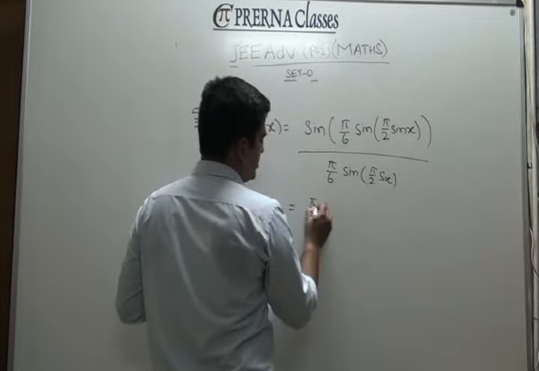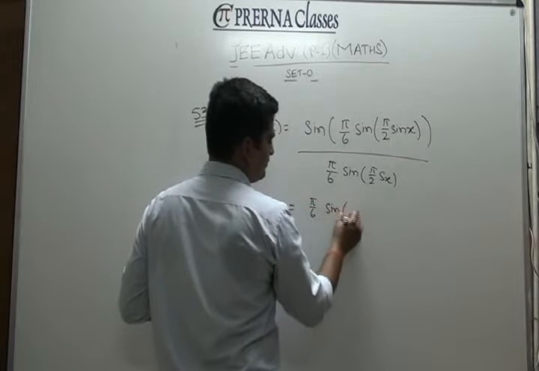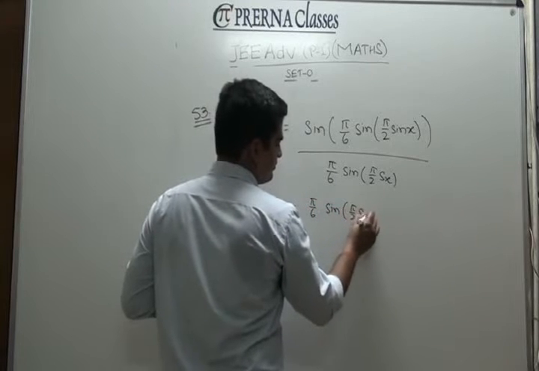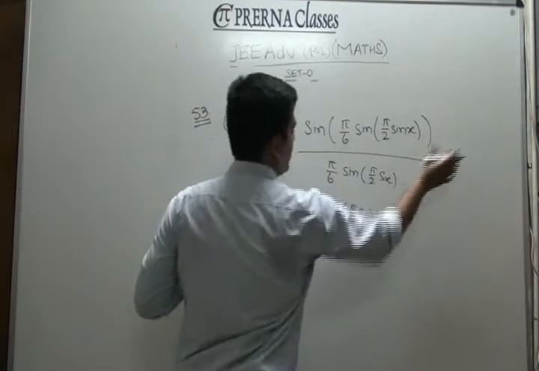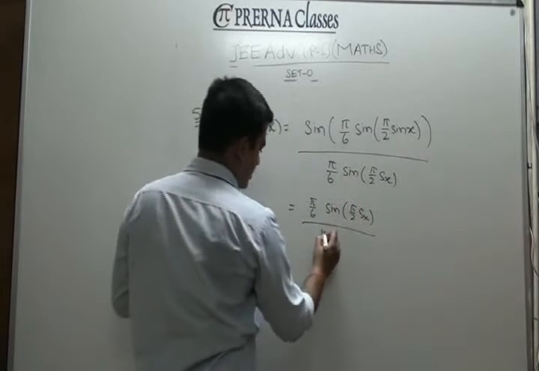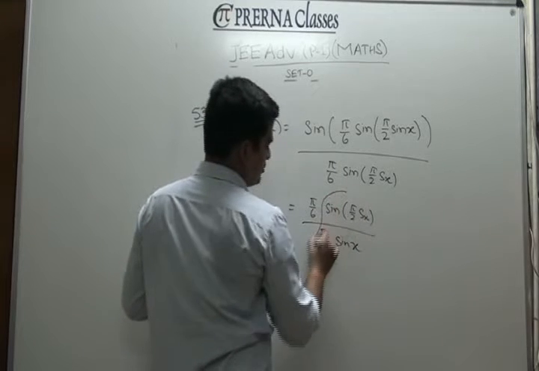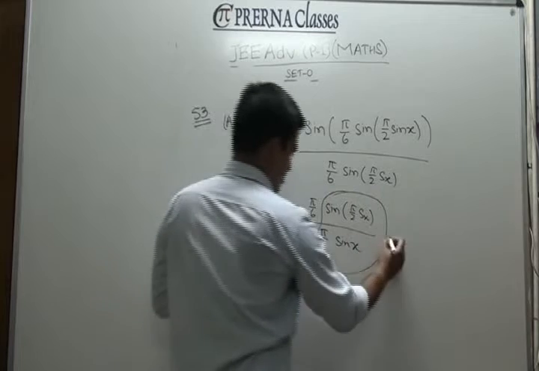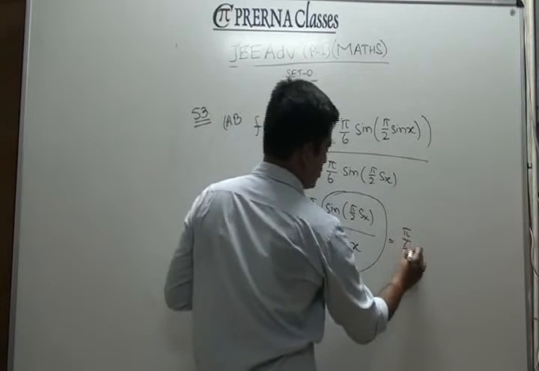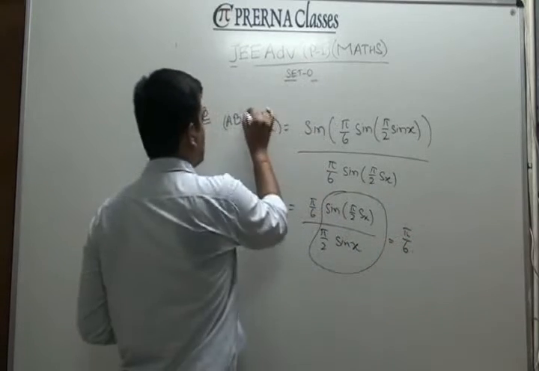So this whole limit is getting simplified to this quantity by which I am multiplying here, and with the original denominator, that was pi by 2 of sine of x. Clearly this part is going to make it 1 again. So that limit becomes pi by 6, which is what is given also. So C is also correct.